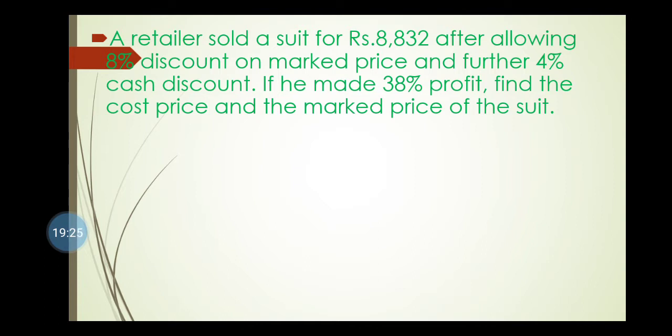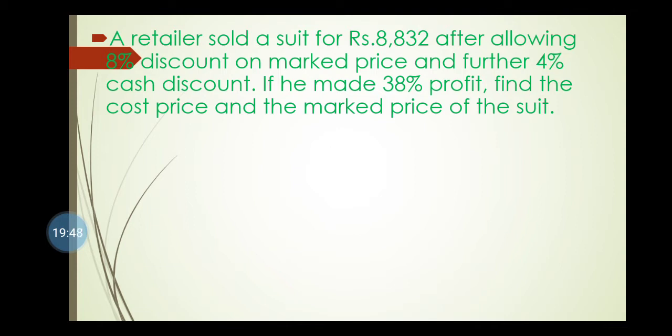Student, in this case, the retailer sold a suit for rupees 8,832. That means the net price of the suit is rupees 8,832. He is allowing two types of discount. The first one is 8%, that is trade discount.